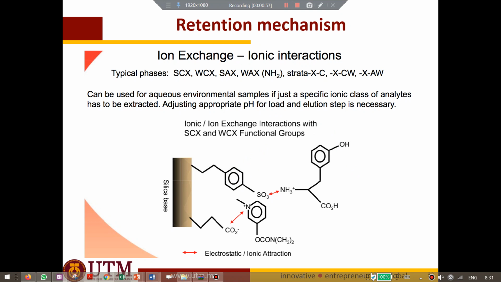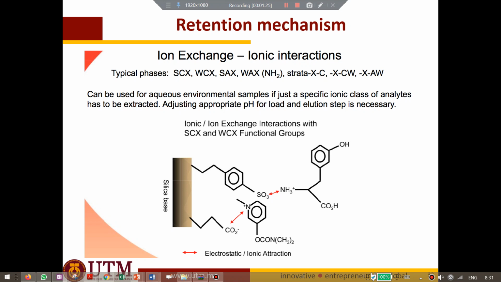That's why, especially in ion exchange, for the ionic interaction, you need to do very careful conditioning, because remember, we have 4 steps of SPE operation. The first one is conditioning, the second is loading, the third is washing, number 4 is eluting, or elution of your analyte. The first one for the ion exchange is very important.